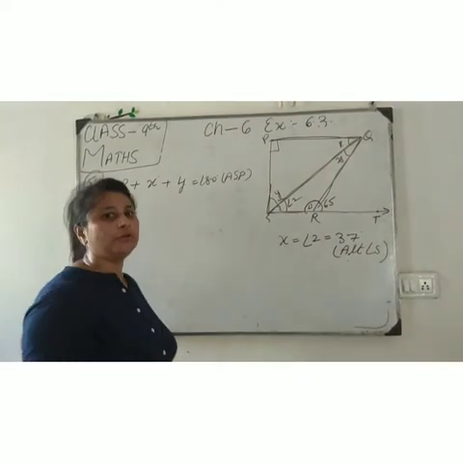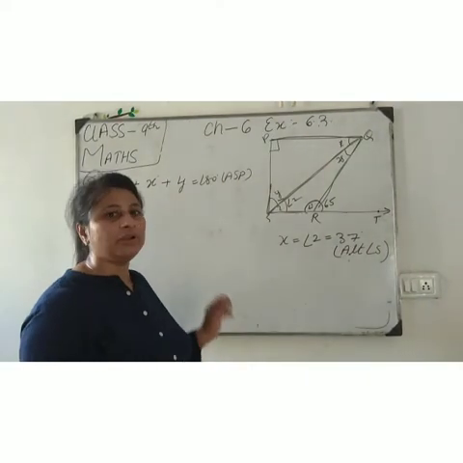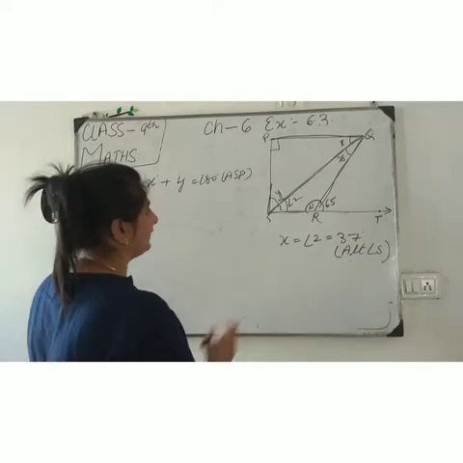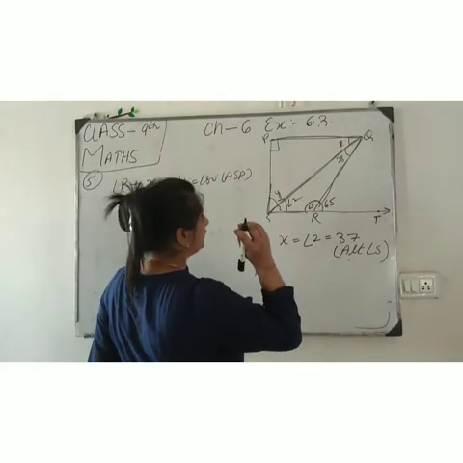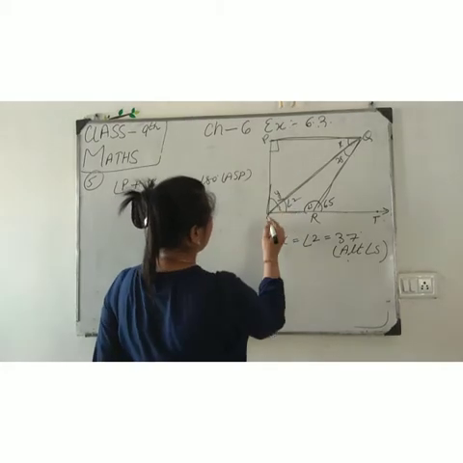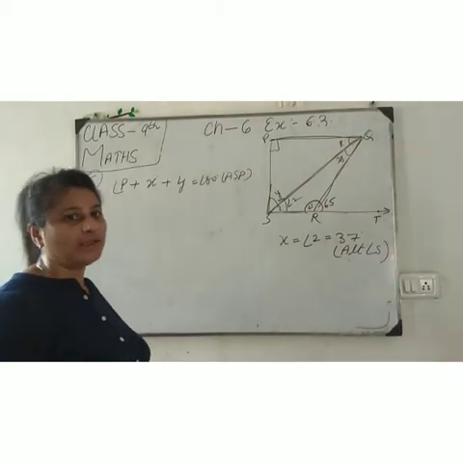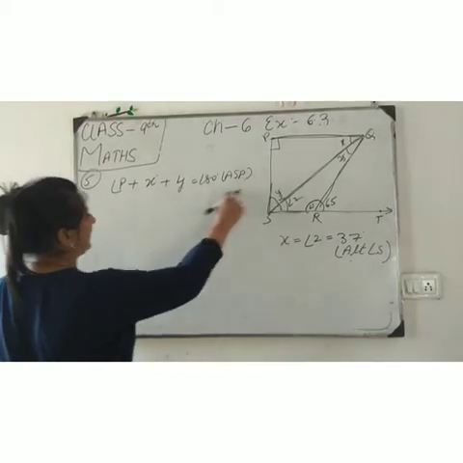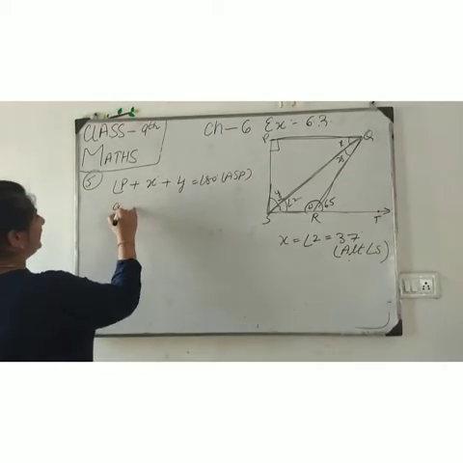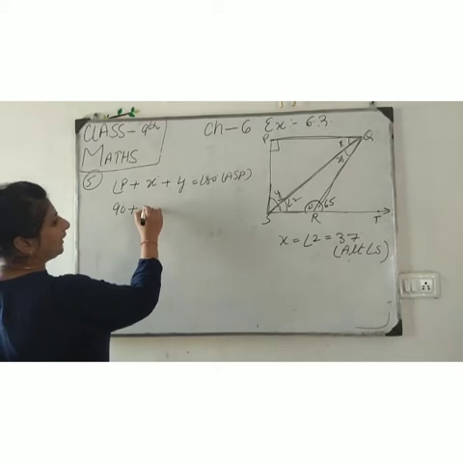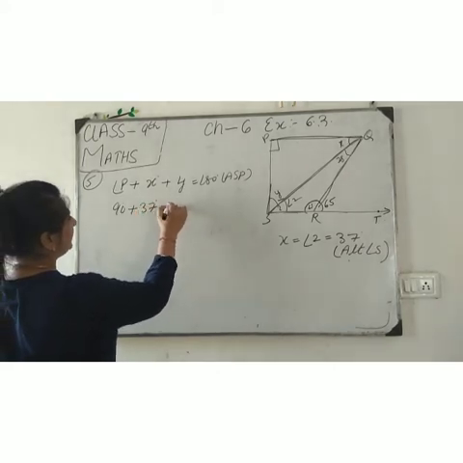I already told you that alternate angle is only possible on parallel lines, and in the statement I have no written proof that PS and QR are parallel lines. In the written proof I have no. So we go with angle sum property. Angle P 90 degree already given. Value of X we found 37 degree.